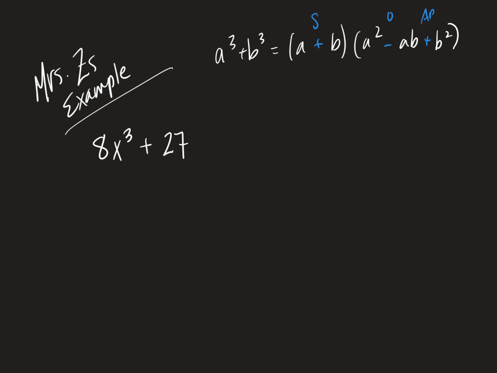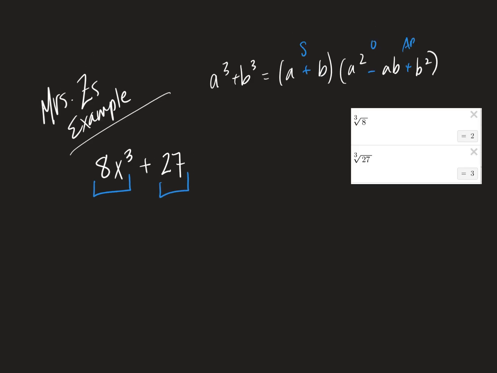Now I just have to figure out what a and b are. I don't even have a c. Okay, so here's the a. So what cubed gives me 8x cubed? Well, I need the cube root of 8. I'm going to need the cube root of 27. So let me pop those in the calculator. If you need to know what those are, I've typed them in right here. So the cube root of 8 is 2.